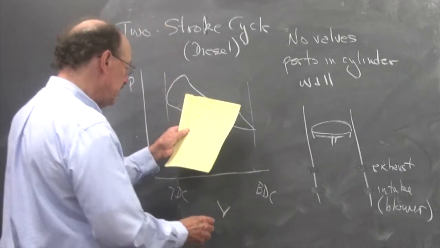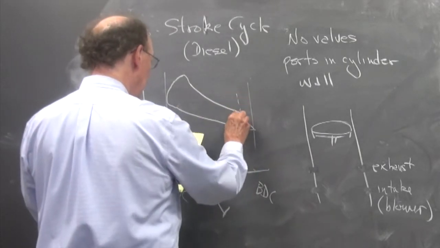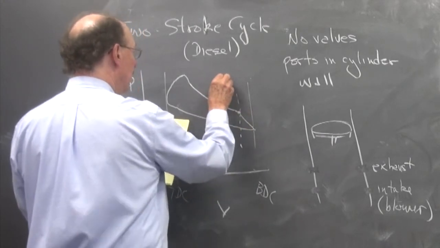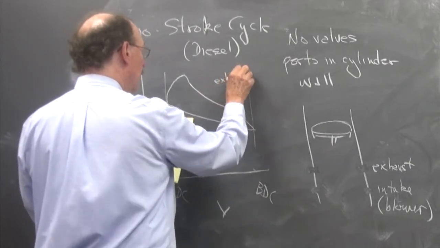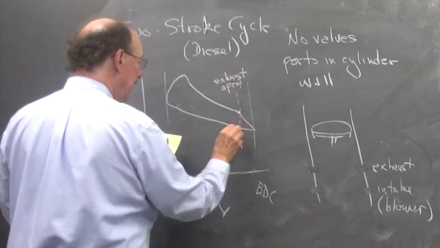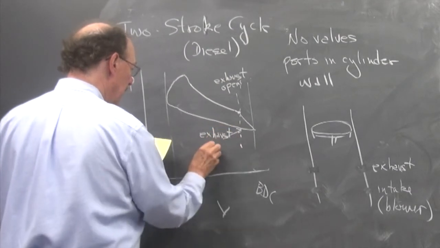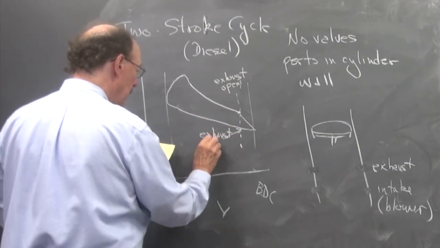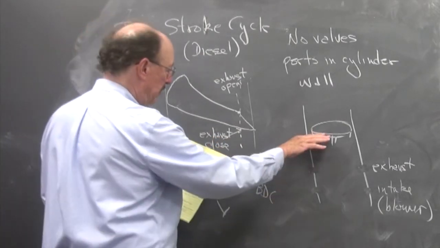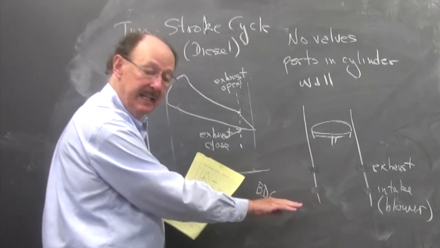But if I look at this on the PV diagram, this is where the exhaust opens, and here we have the exhaust closed. The exhaust opens, then the piston goes down, and the intake ports open.